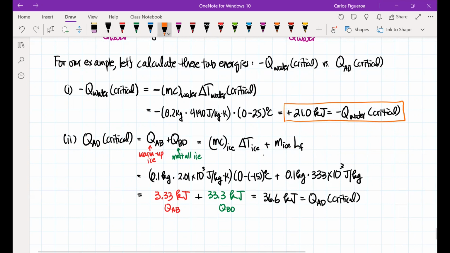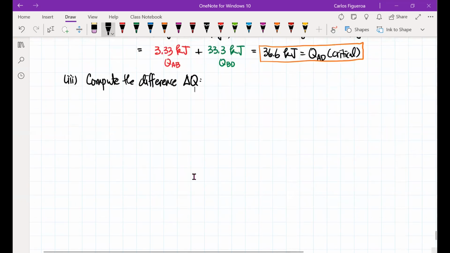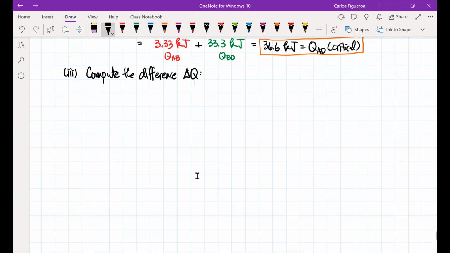If you look at this, you could immediately see that QAD is larger than minus Q of water. So this tells me that I can compute the difference with what I call delta Q. If I put these numbers together, look what I get.